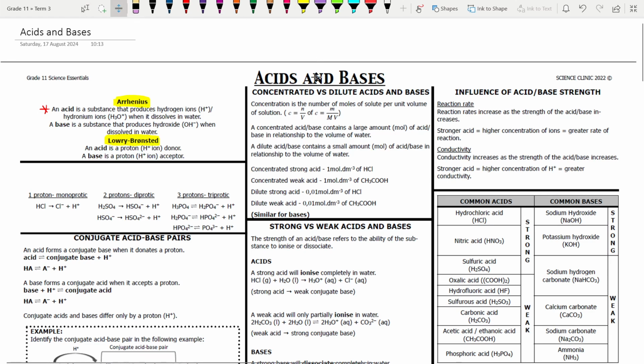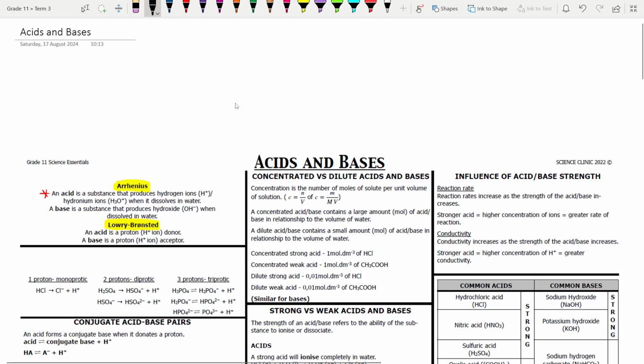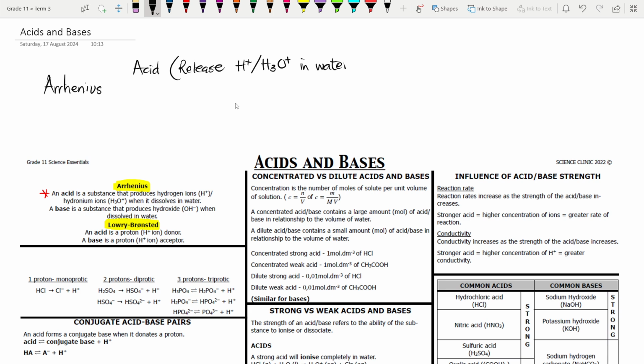So Arrhenius says that an acid will actually release H plus ions, or you can think of H plus ions. This is basically the same kind of idea in acids and bases, or H3O plus ions in water. I'll explain why we can use either.